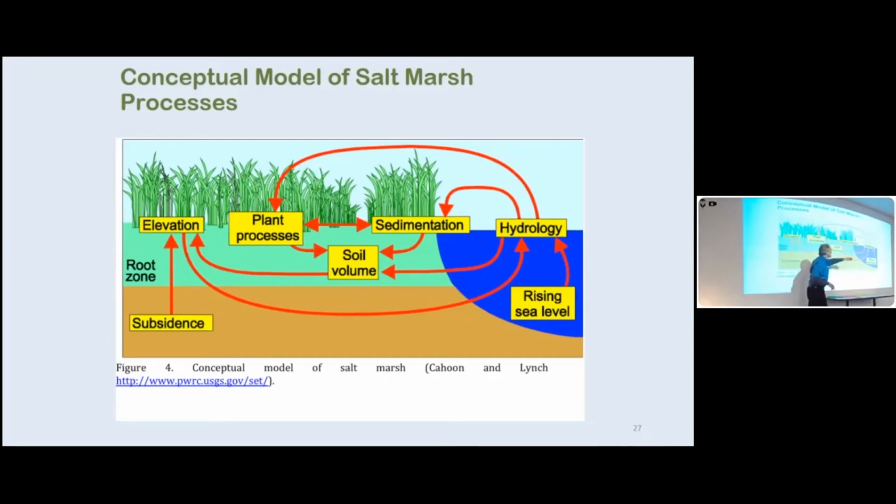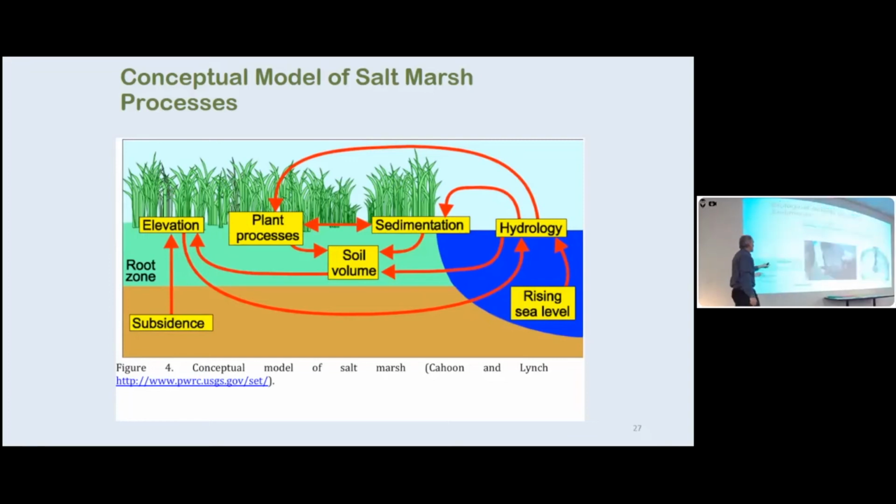And as sea level rises, then this peat will increase in thickness. As sea level falls, the peat will decrease in thickness. But we're not under that scenario. So this is going to be increasing sea level rise, so it's going to increase in thickness.